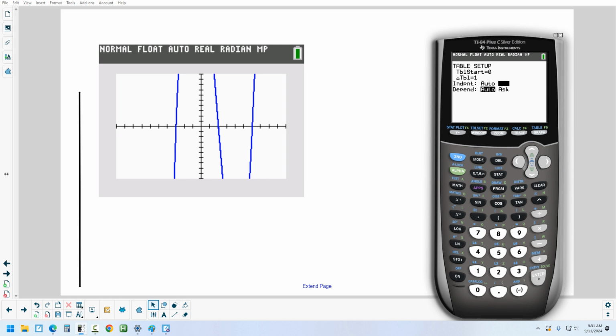Is everyone able to get a screen that looks like that? No? So you press the blue button, and then did you press window? Can you go back to the formula, like the y? Yep. Put that right over there with that.